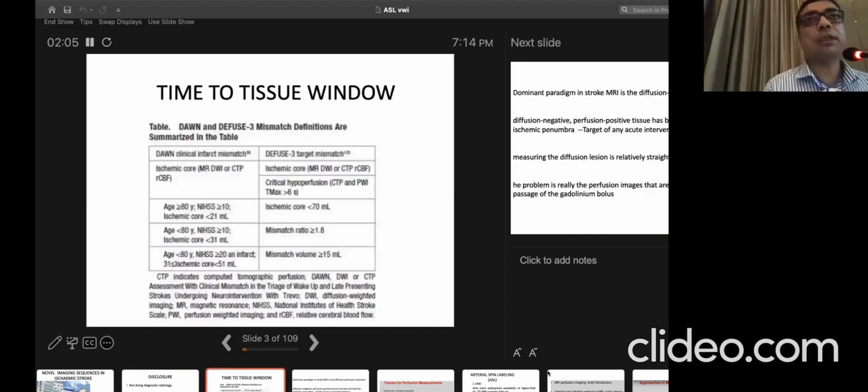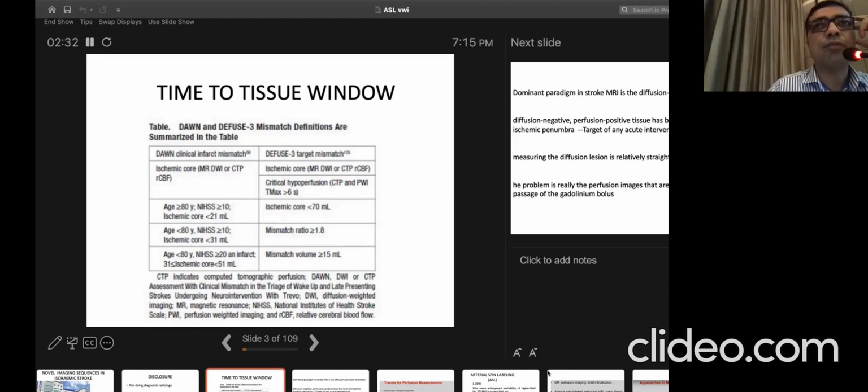The first is arterial spin labeling. As we all know, with the extended window period we moved from the time window to the tissue window, and then there was a necessity of getting a CT perfusion. Our center was more of a drip and ship model, and most patients landed up at 6.5, 7, 8 hours.